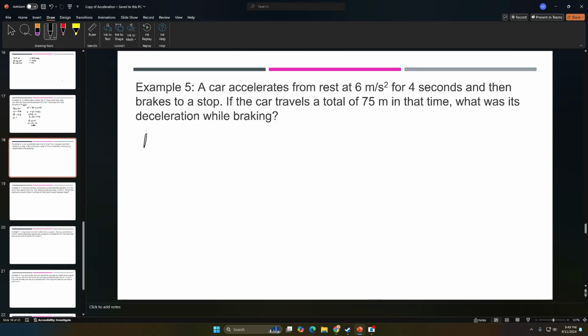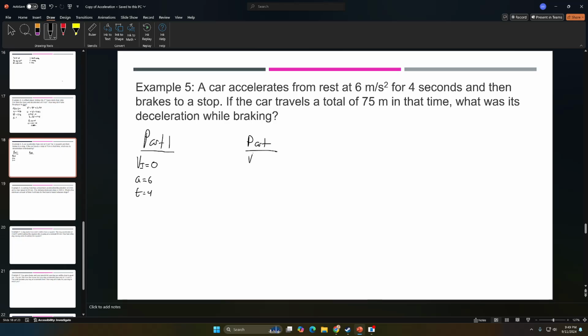So, part one. What do we know about that? It starts at rest, so v initial equals 0. It has an acceleration of 6, and t equals 4. Part two is decelerating, and I don't know very much here.